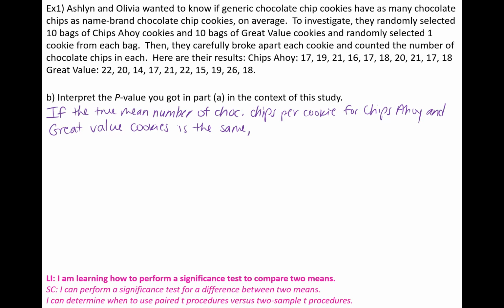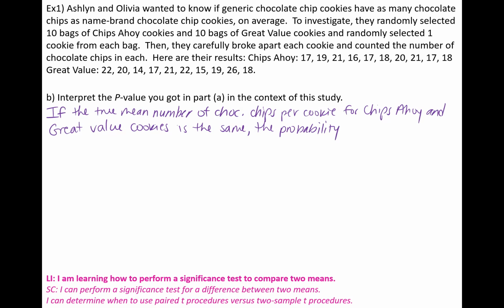Then we would say the probability, because remember, p-value is a probability. Here's where we say basically the probability of getting the same result in a statistical study again. In this study, we had a mean number of chocolate chips for the Chips Ahoy cookies, and a mean number of chocolate chips per cookie for the Great Value cookies.